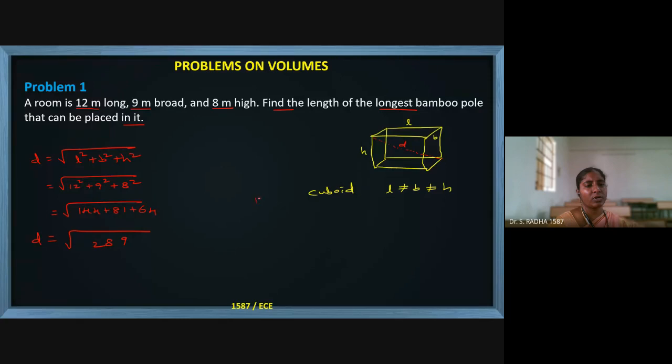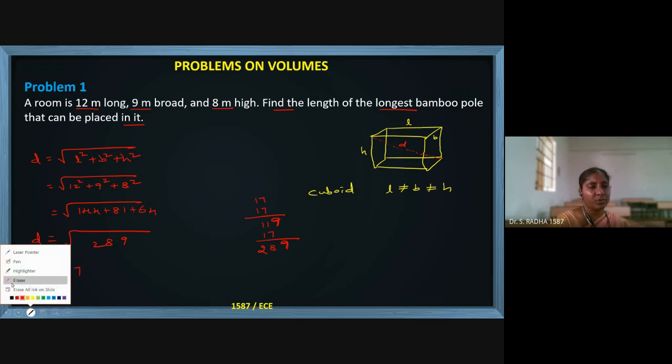If you see, 17 into 17, 7 sevens are 49, so here it is 2, 289. So the diagonal is nothing but 17. Square root of 289 is 17.